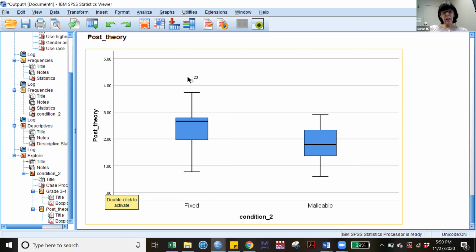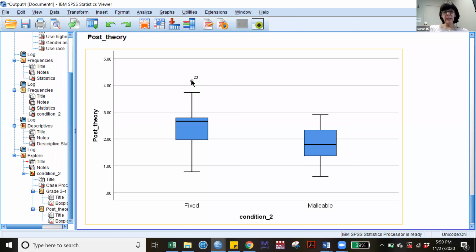This is an outlier variable. I think that means it's case 23. And what that means is it's more than 1.5 times the interquartile range beyond the 75th percentile.